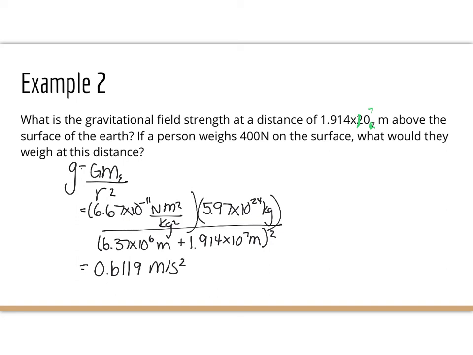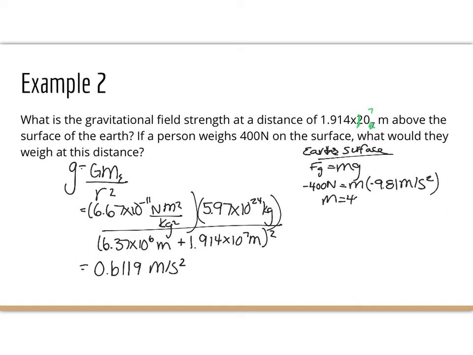From here, what I did is I found that on Earth's surface we have Fg equals mg. The force of gravity was negative 400 newtons. This person was being pulled down towards the surface of Earth. And we can go backwards to find mass, which was 40.77 kilograms.